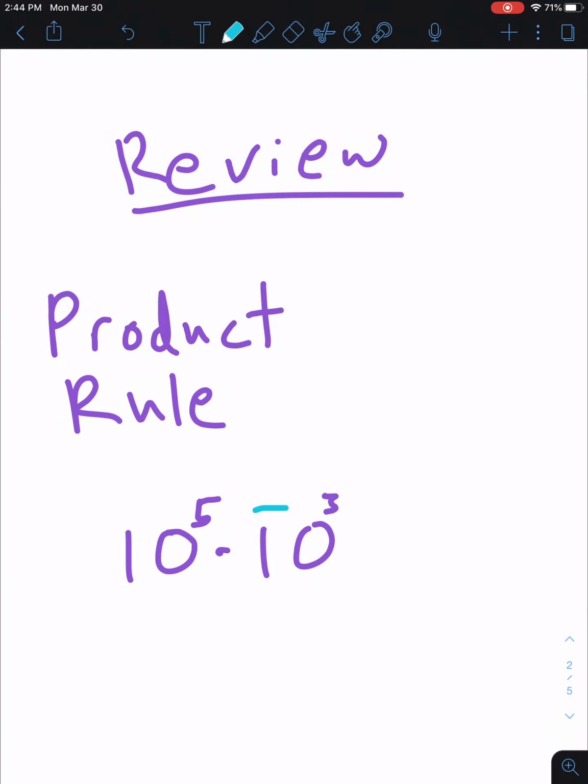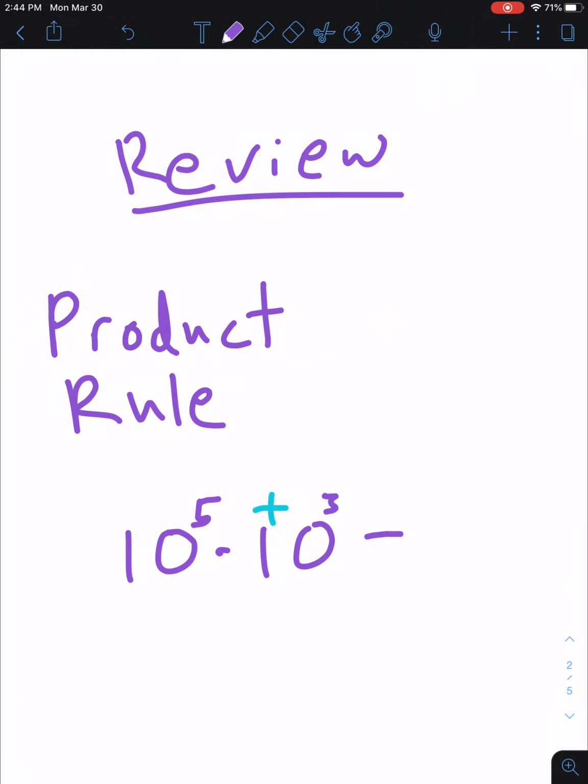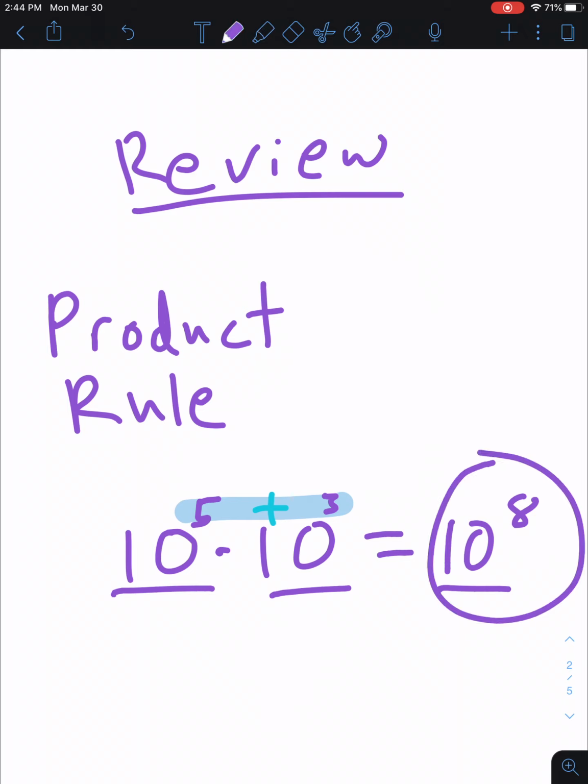So we're just adding 5 plus 3, and that's going to get us our answer of 10 to the 8th power. So the base stays the same. The base does not change. The only thing that changes is our exponents. We combine them to make our exponent of 8. All right, so our answer is 10 to the 8th.